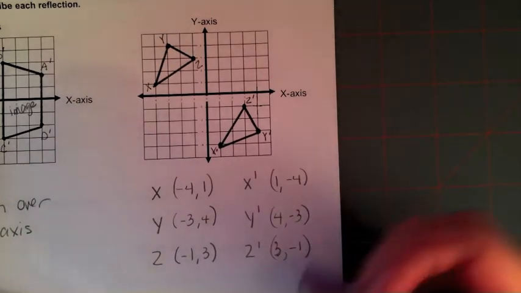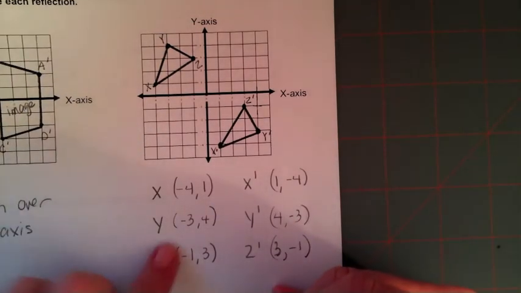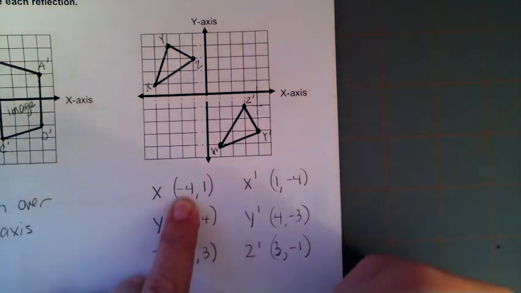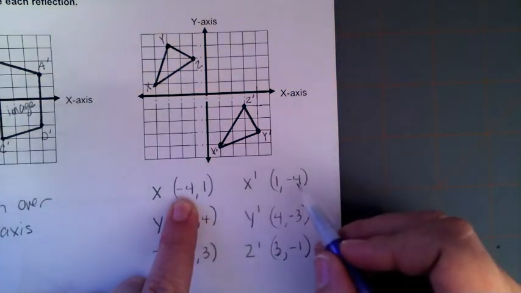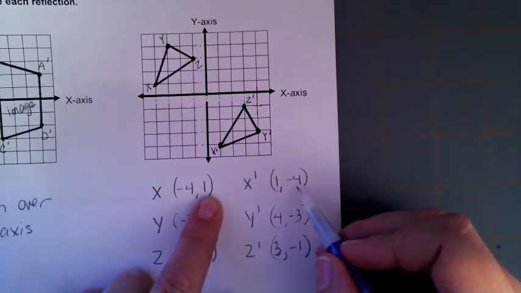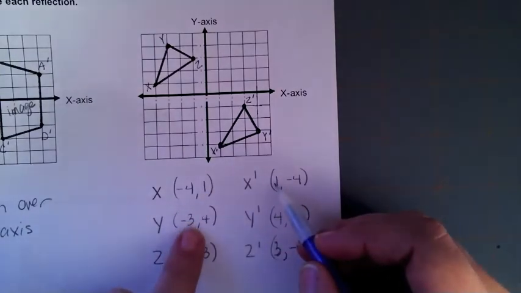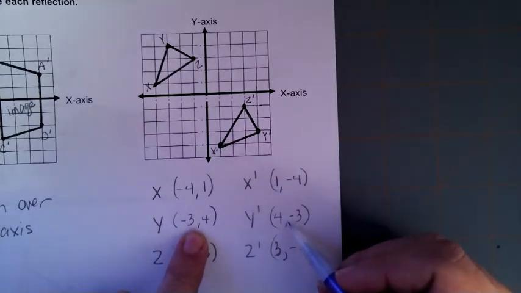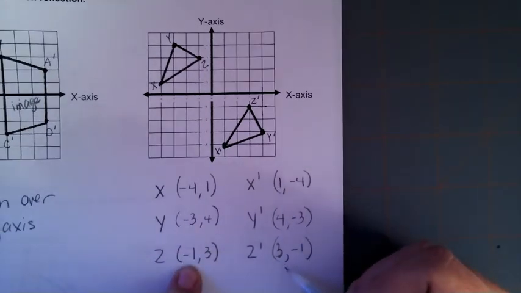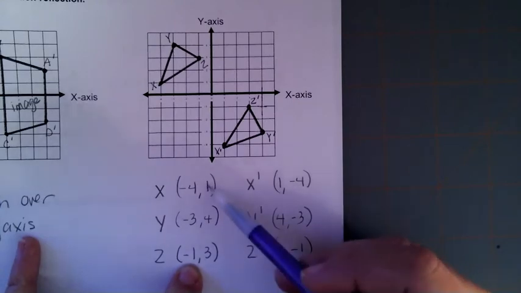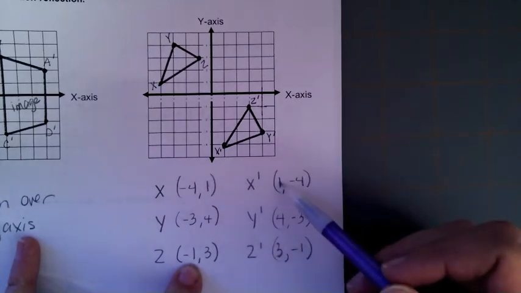Okay, hopefully you've noticed that the x and y values have flipped spots. In this problem, X's x-value was -4, and that's now become the y value, and the y-value was +1, and now that's become the x value. The same thing has happened to Y and Y prime, and Z and Z prime. So in essence, y has now become x.